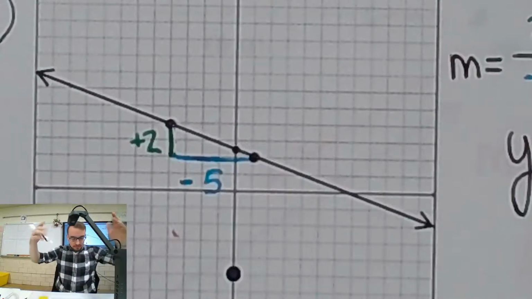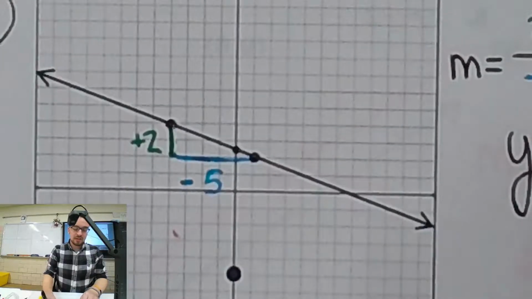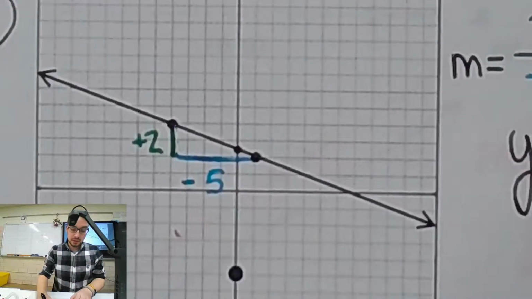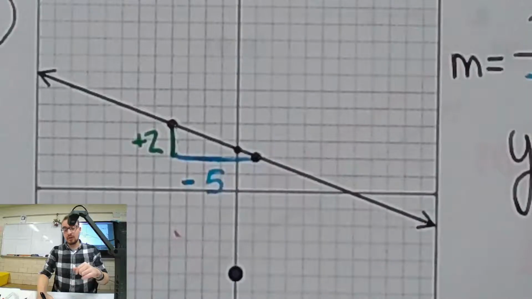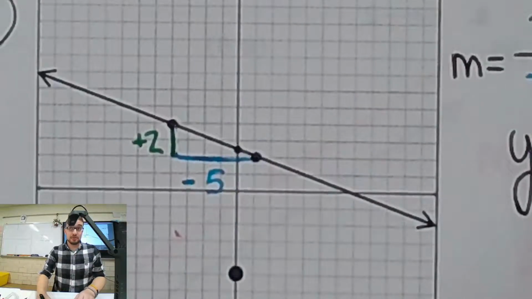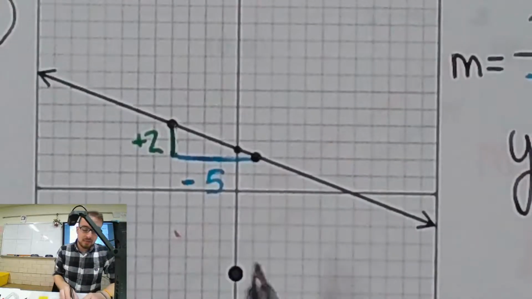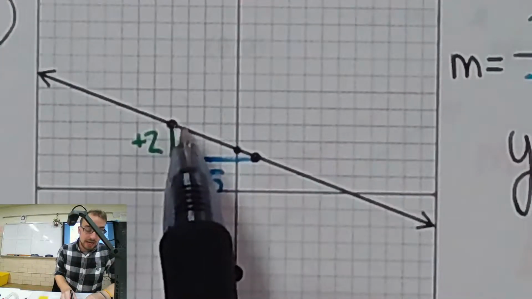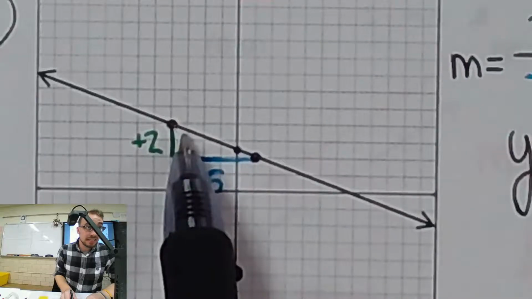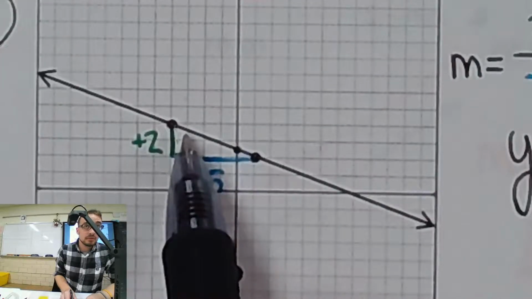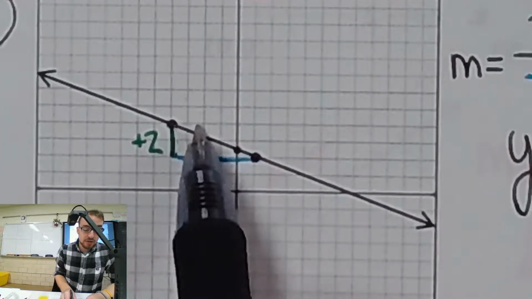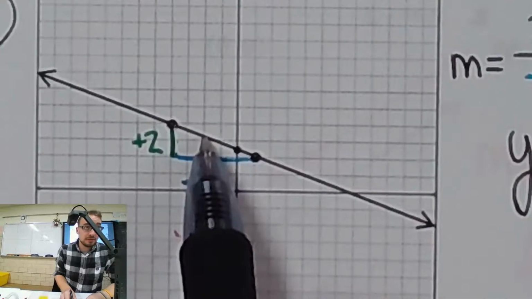Okay, bring it back in. Look at this number as a whole number. Don't think of it as rise 2 and run 5. Think of it as a number, -2/5. When we go over 1, we go down 2/5. If I go over 2, then I've gone down 4/5.